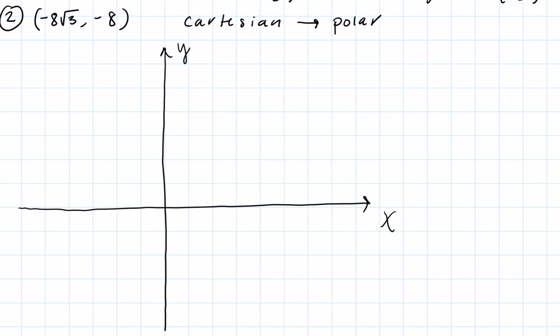So in this case, let's go ahead and plot this Cartesian point. And just because we're plotting it, I'm going to grab the calculator real quick. This is approximately -13.86, and -8.